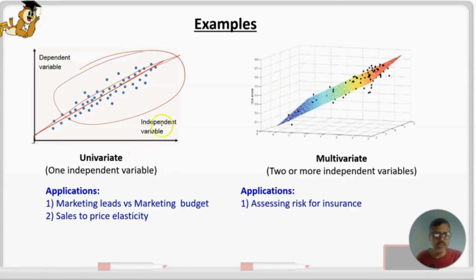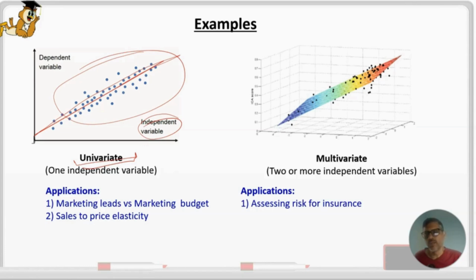Now, in situations where there is exactly one independent variable, the category of problems is called univariate problems. It's just terminology. Univariate means one independent variable. You could think of applications, your marketing budget and the marketing leads.